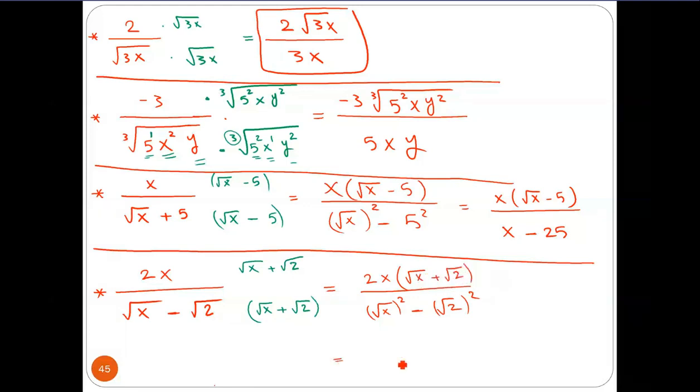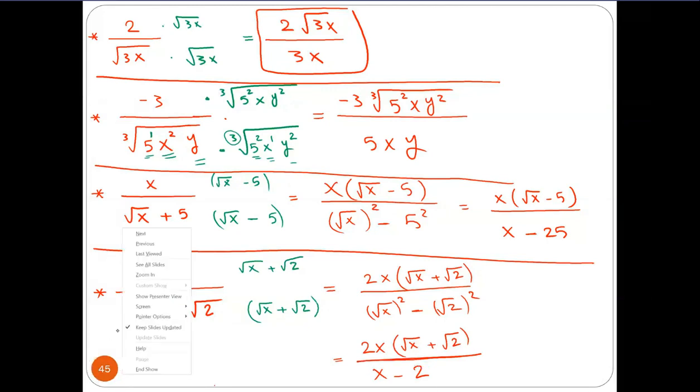The final result equal x minus 2, and in numerators 2x multiply radical x plus radical 2. This is the rationalize, okay, the denominators.